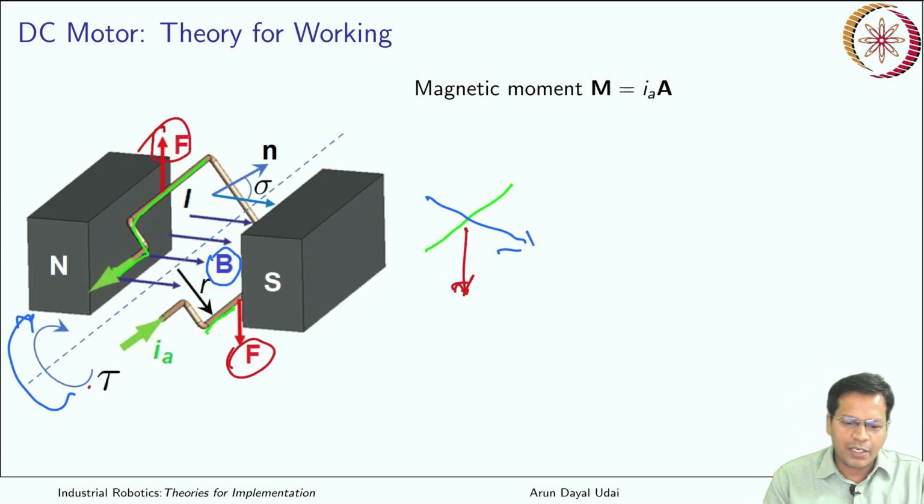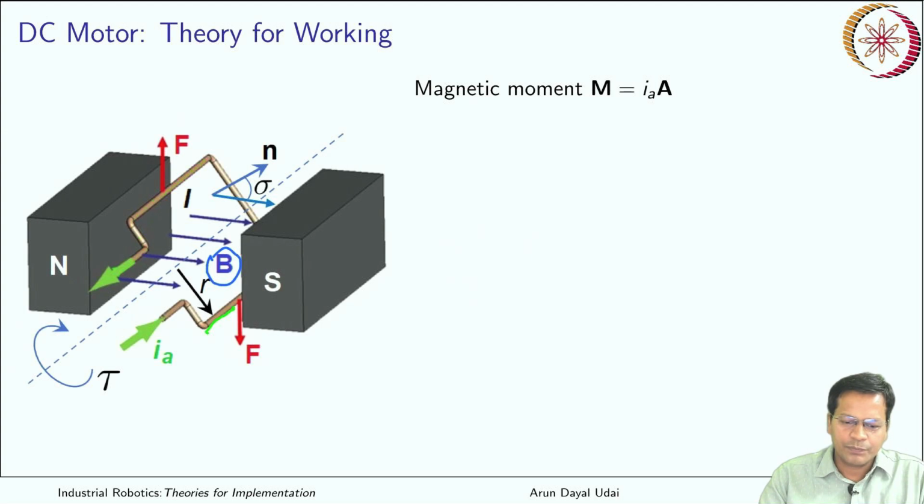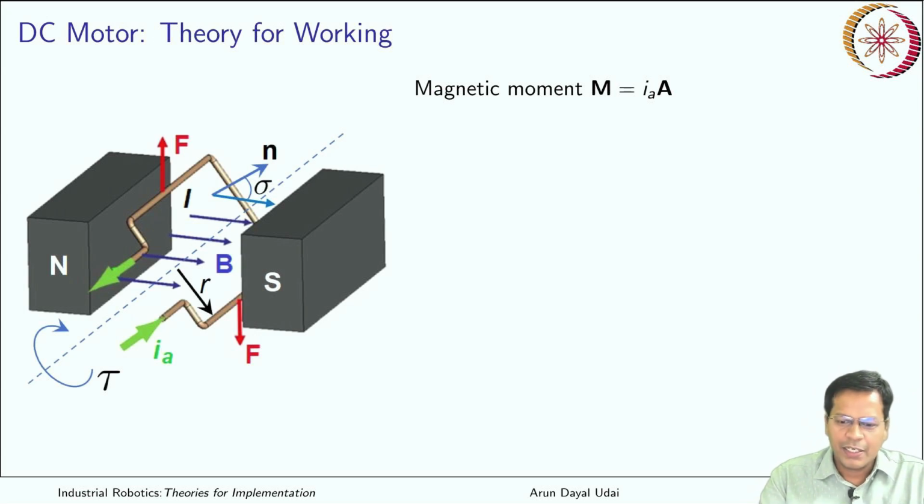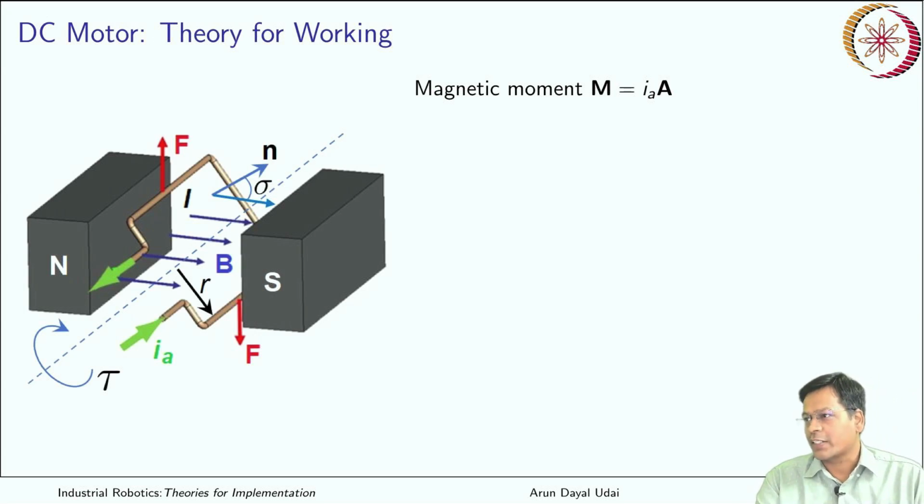Let us now analyze the physics of it more clearly. What is the magnetic moment here? If you remember your high school physics, magnetic moment is nothing but the current times the area vector.